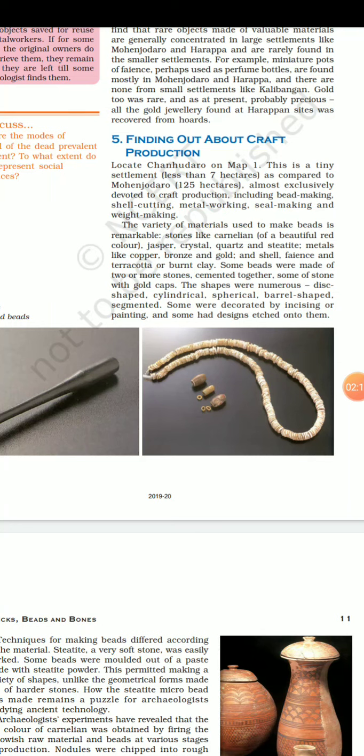Stones like carnelian, of a beautiful red color. These points should be underlined by you. Stones like carnelian, jasper, crystal, quartz, and steatite. Metals like copper, bronze, gold, and shell.